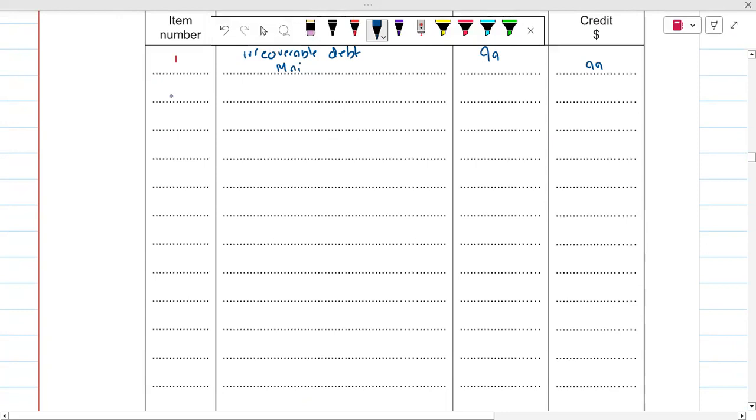So in number two, fixtures and fittings would be debited and Padma would be credited, because we purchased fixtures and fittings from her on a credit basis.